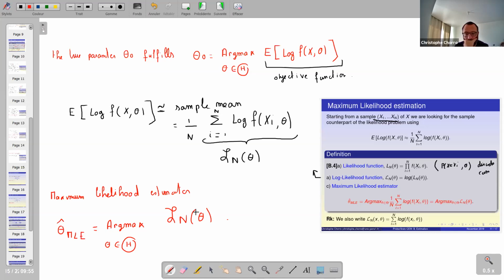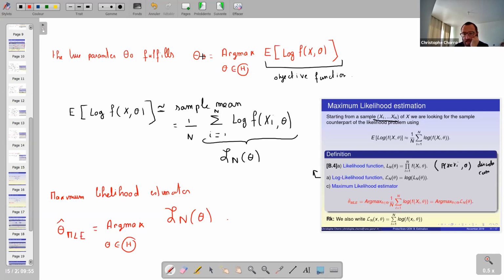Okay, so you see the principle. You have theta 0 that is the max of this one, which may be approximated using the log likelihood, and I expect that the value that maximizes the log likelihood, since the log likelihood is an approximation of this one, will be a good approximation of my parameter of interest.